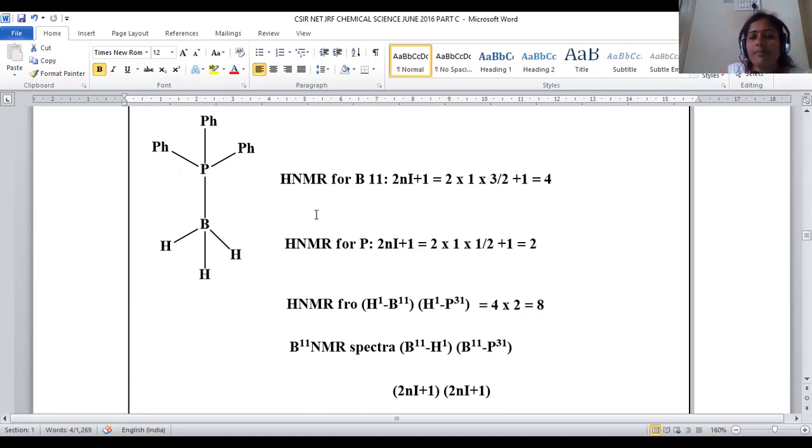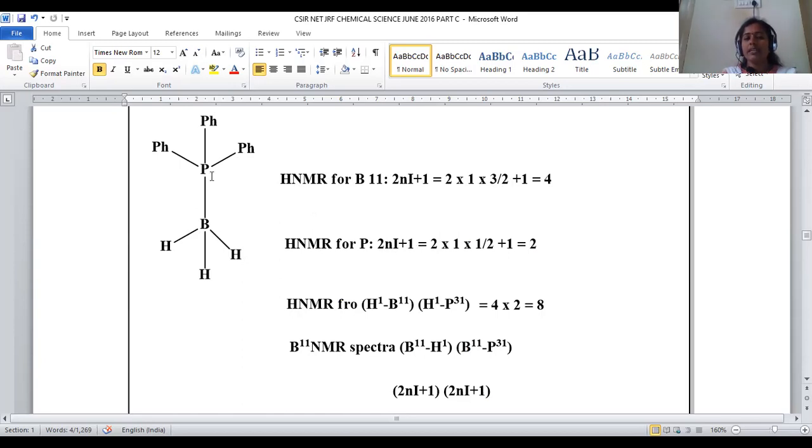When we apply proton NMR for B11, the formula will be 2nI plus 1. How many boron atoms are there? Only one boron atom. 2 into 1, the I value for boron is 3/2. The 2 gets cancelled, 3 plus 1, it will become 4. By the 2nI plus 1 formula, 4 spectral lines correspond to boron 11 in proton NMR. Then proton NMR is applied for phosphorus also. 2nI plus 1.